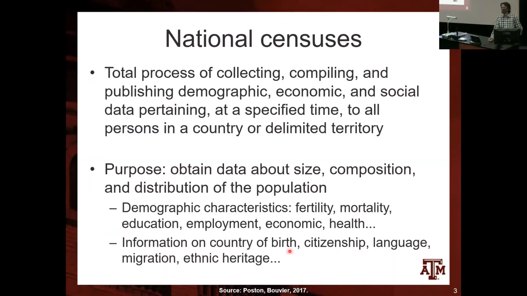So country of birth, where the person was born, whether the person is a citizen or not in the current country of residence, what languages people speak in that specific household, whether those people were living in another household 5 years ago and where it was, ethnic heritage. So all these different questions can be asked in censuses, and they vary between countries and they also vary across time, right?